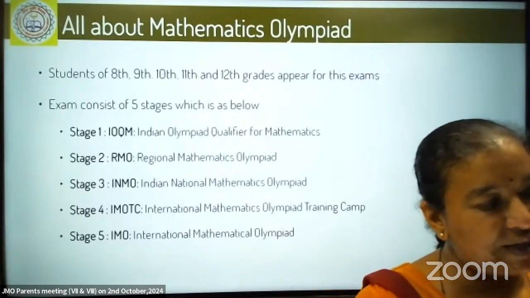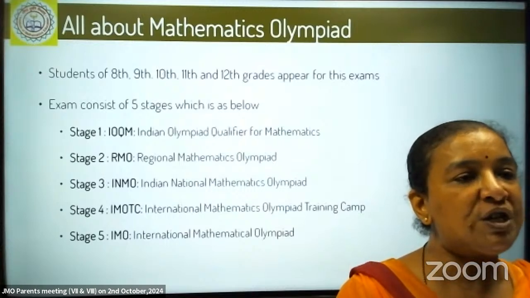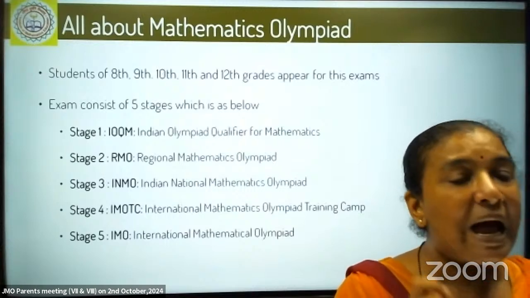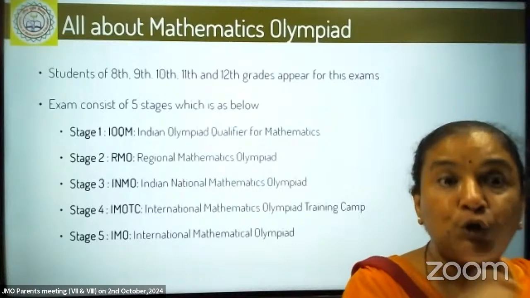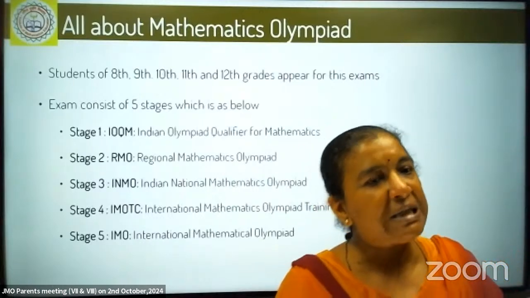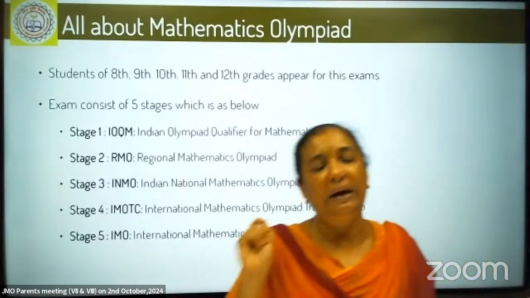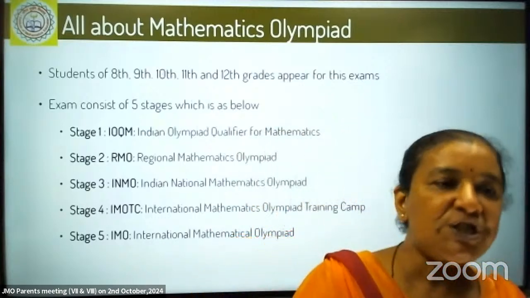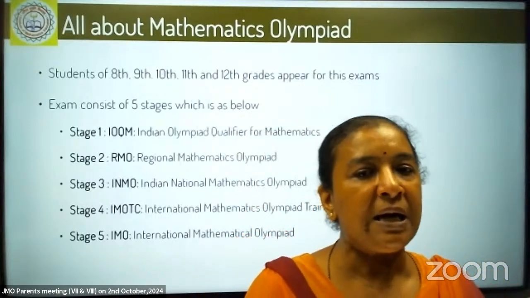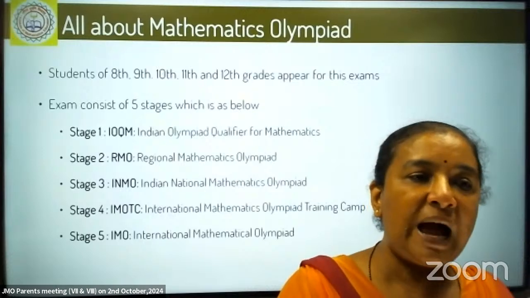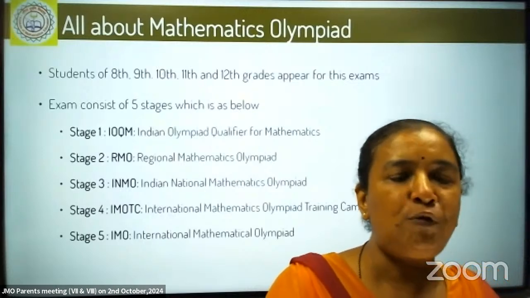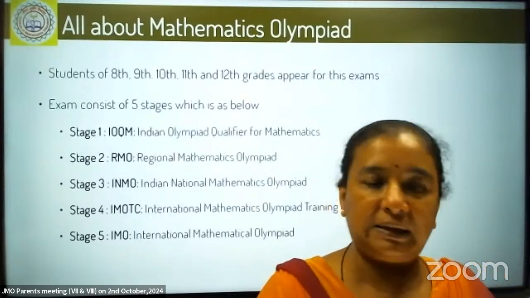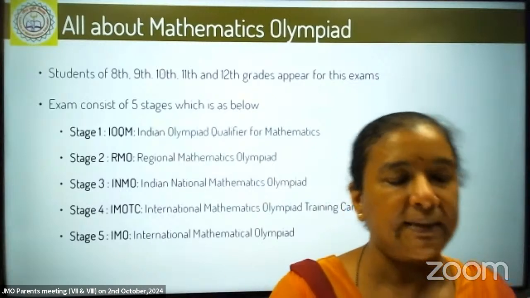Total 30 questions are asked. All the questions have answers that are 2-digit positive integers from 00 to 99. The questions are set in such a way that all the answers will be any one of 00, 01, 02, like that up to 99.